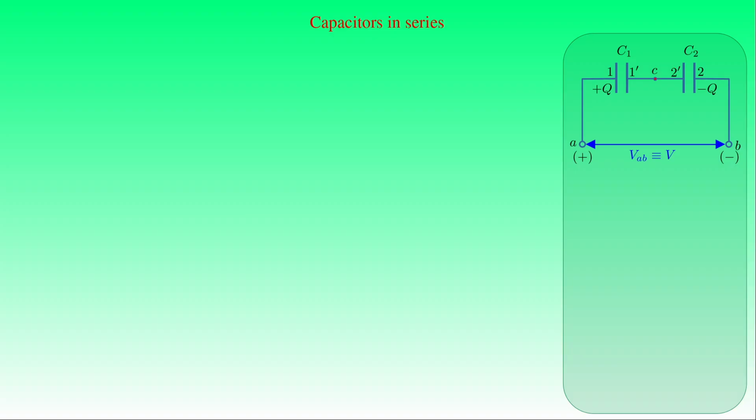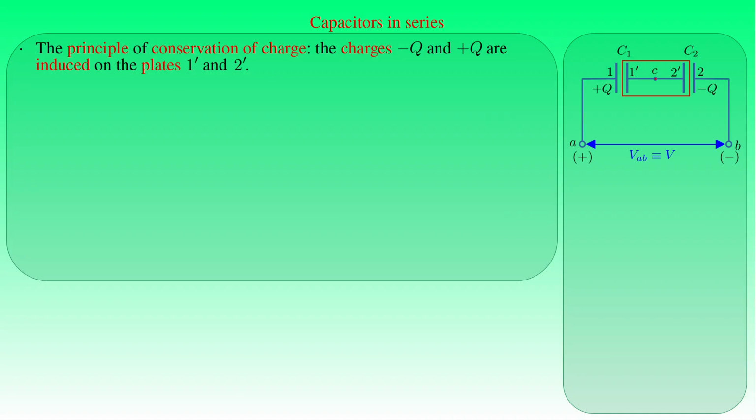However, the electric fields due to the charges accumulated on the plates 1 and 2 modify the distribution of charge on the plates 1' and 2'. For if we apply the principle of conservation of charge in the volume enclosing the connected plates 1' and 2', the electric fields induce the charge minus Q on the plate 1' and the charge plus Q on the plate 2'.